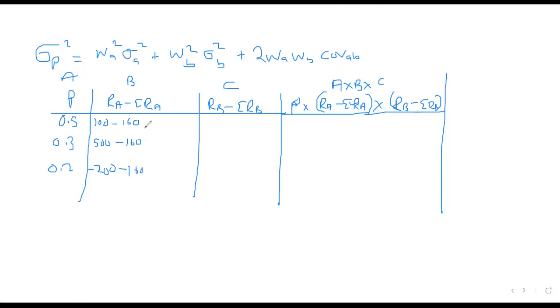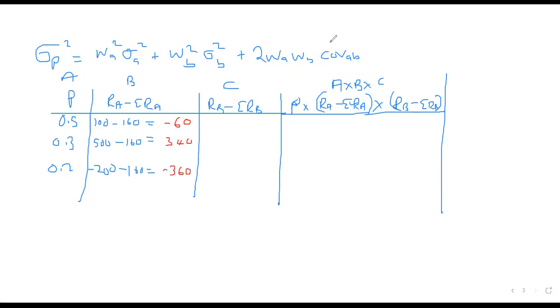We're just getting the differences, that's all we're interested in. Here we have negative 60. Here we had 500 minus 160, which is 340. Then negative 200 minus 160 is negative 360.